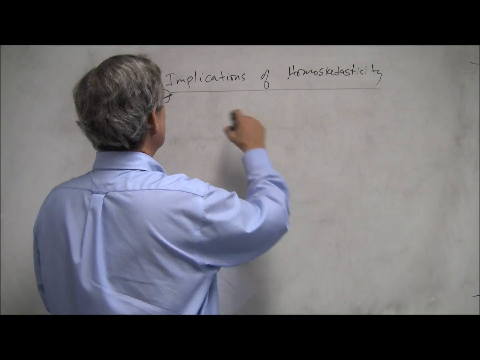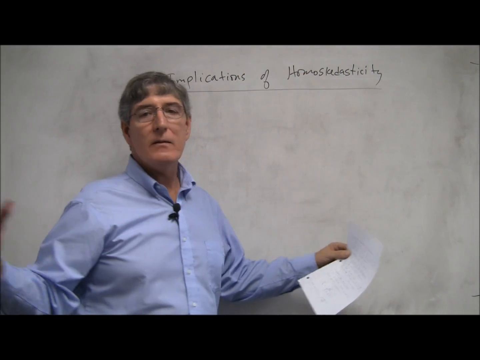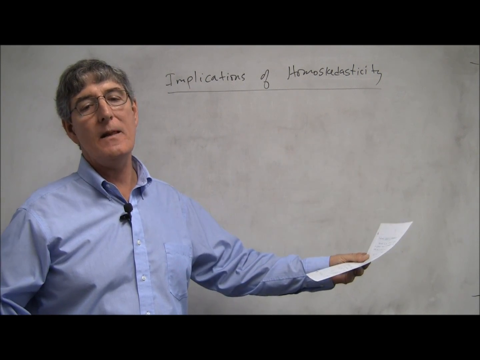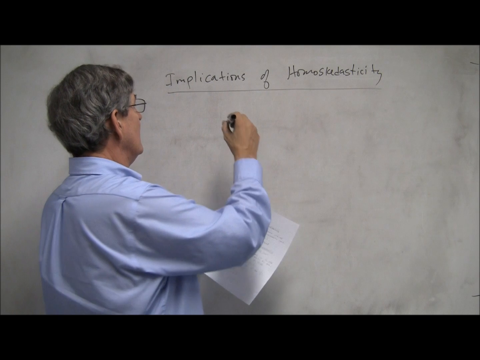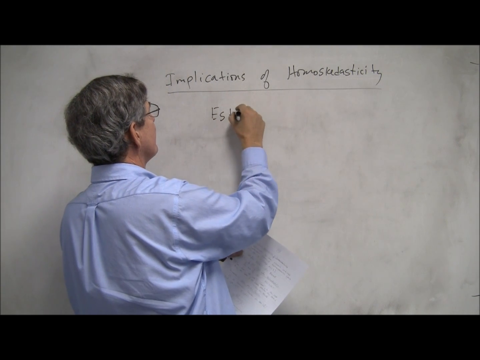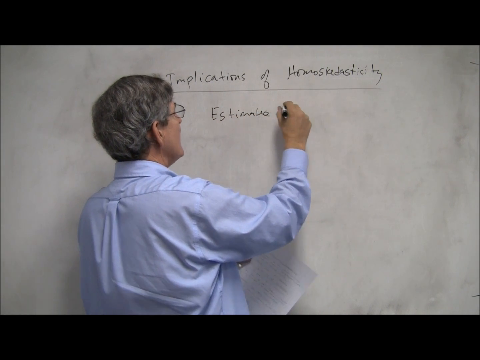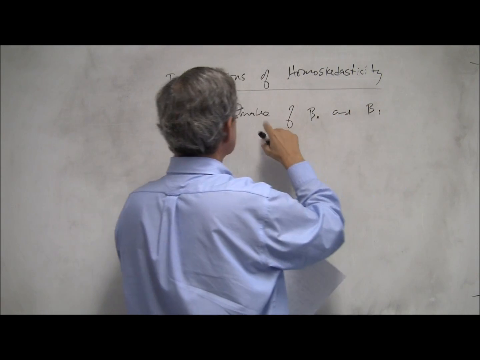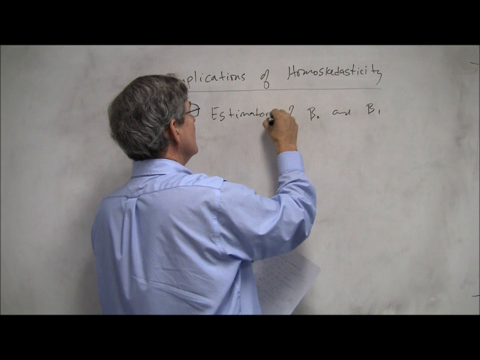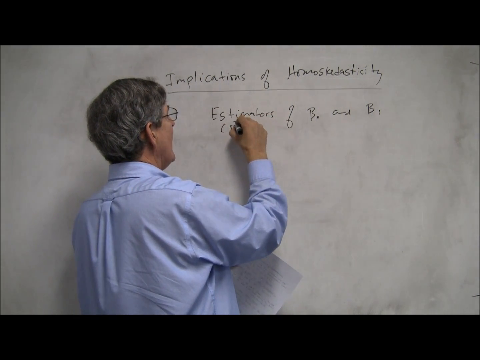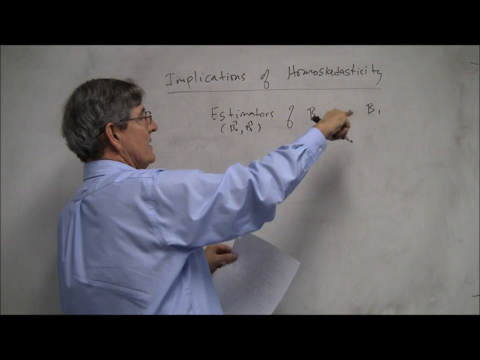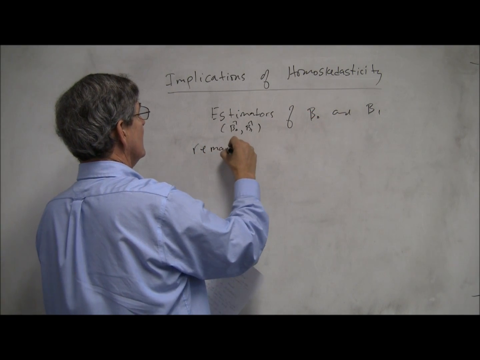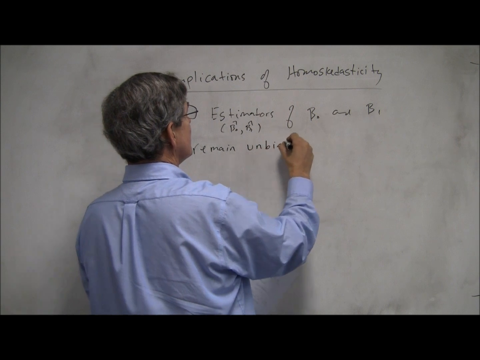Okay, so suppose we've been allowing for heteroscedasticity in all the results we've given so far. What if we have homoscedasticity? Well, the estimators of beta naught and beta 1, that's beta naught hat and beta 1 hat, remain unbiased and consistent.